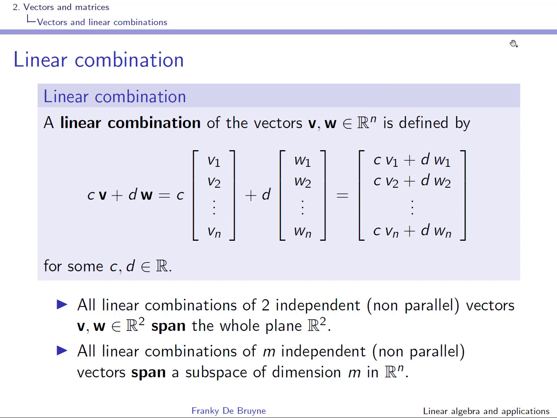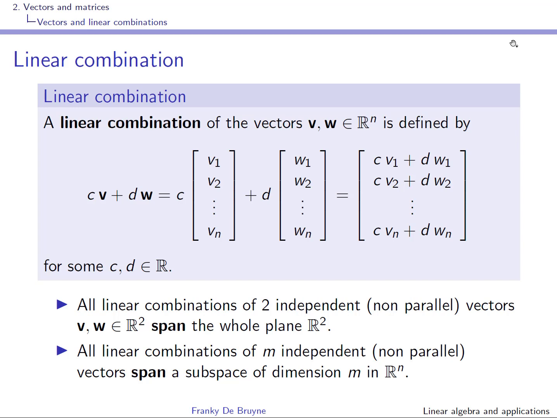Well, you can extend the idea from R square to Rn. So if you take n independent vectors in Rn, and you take all linear combinations of these n vectors, you will generate the whole space Rn.